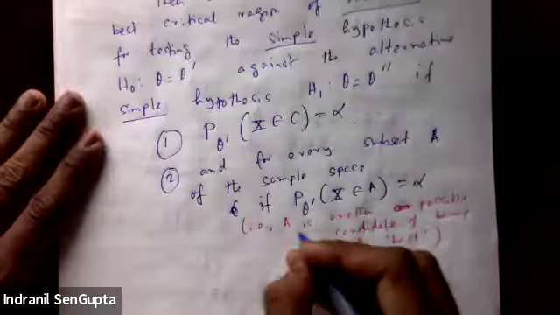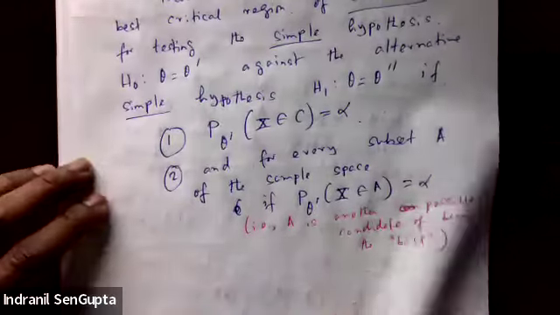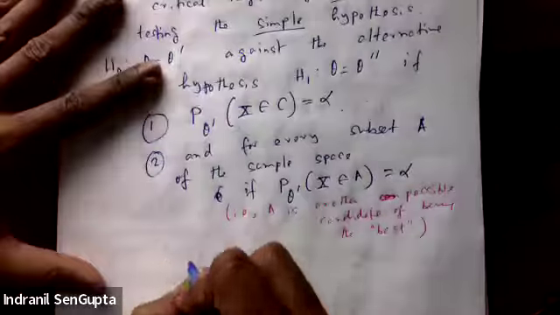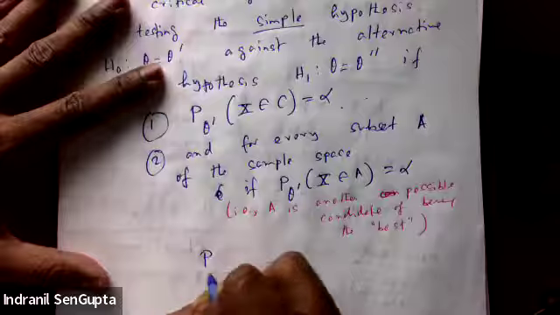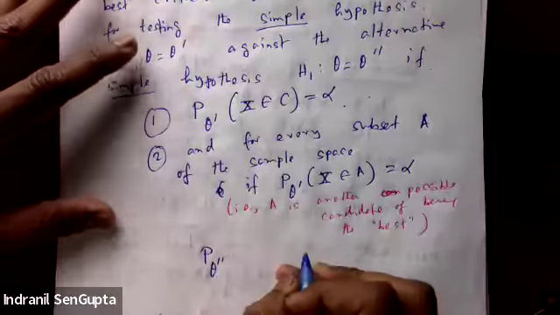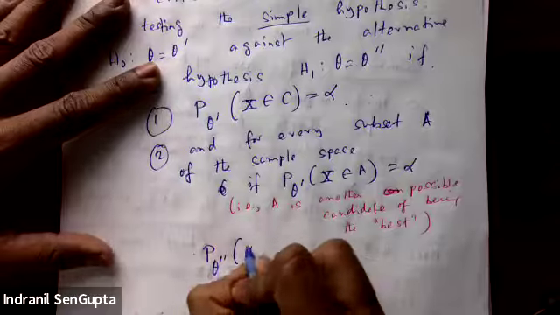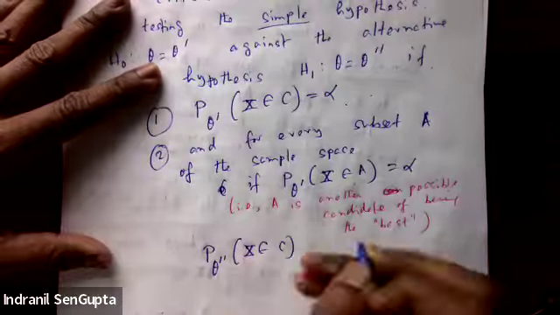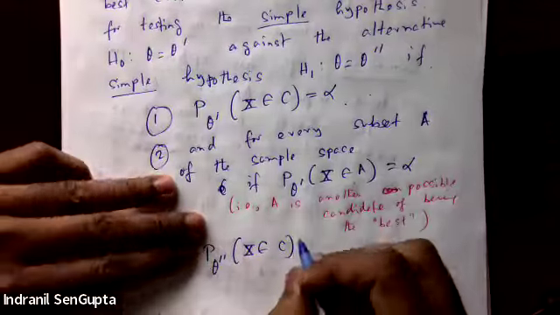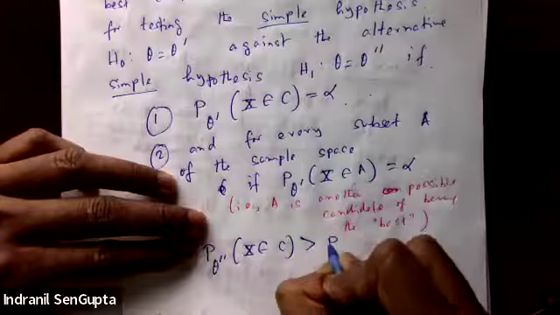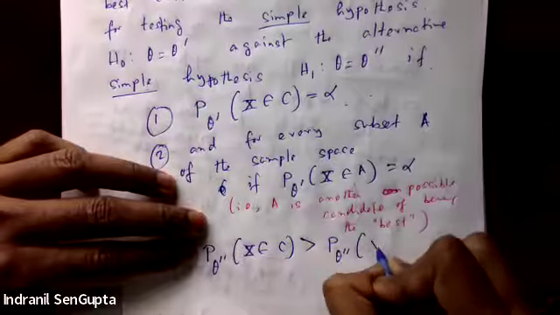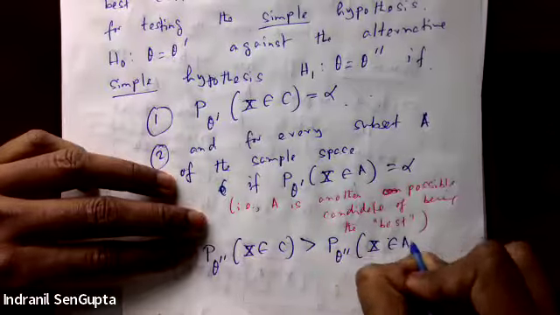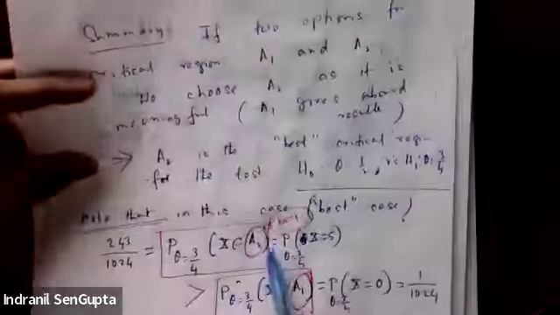Okay. What do we have? We have the last result that I wrote here, so I'll be writing this one here. With respect to the alternative hypothesis, theta double prime, the probability of X in C is bigger than the probability under theta double prime of X in A. It may be very abstract, but if you look at this one, it makes a lot of sense.